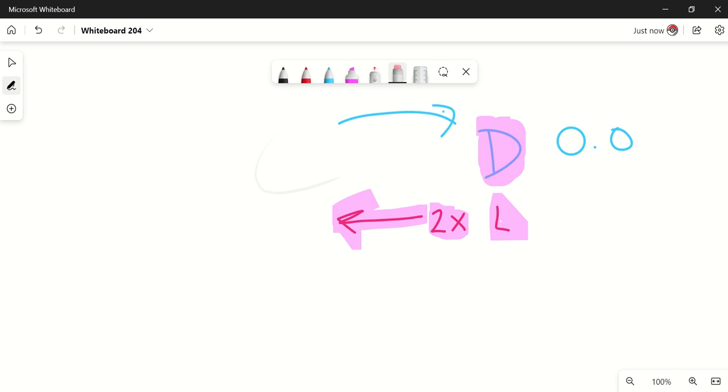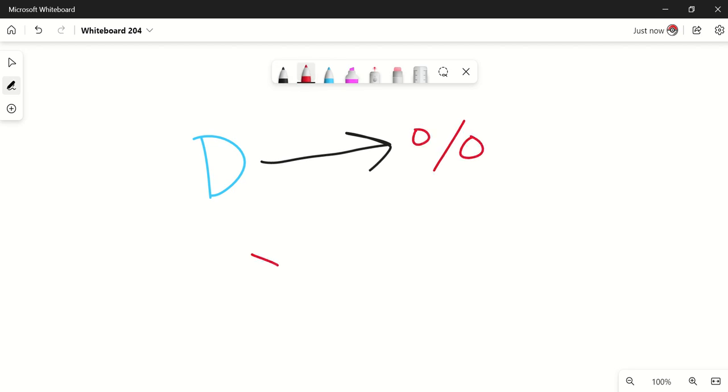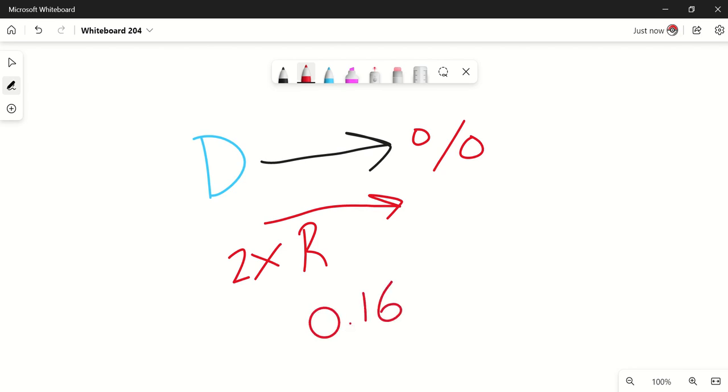Now, on the flip side, if you have a decimal and you want to turn the decimal into a percentage, you are going to move the decimal point 2 times to the right. So if my decimal were 0.16, as a percentage, I would want to go 1, 2 to the right. This would make this 16%.